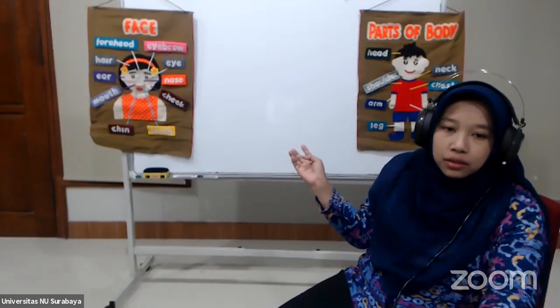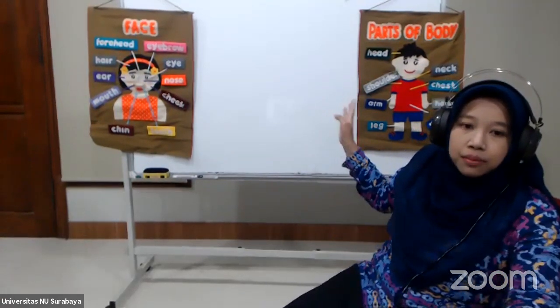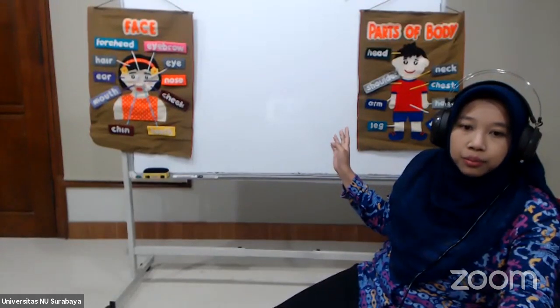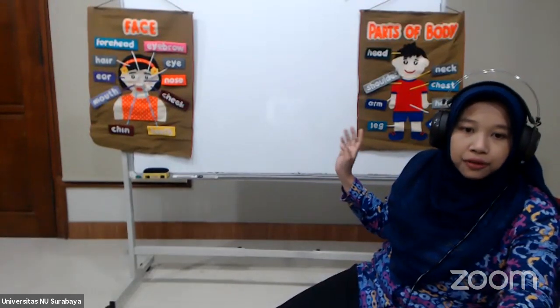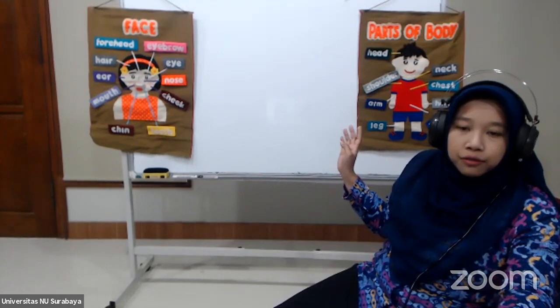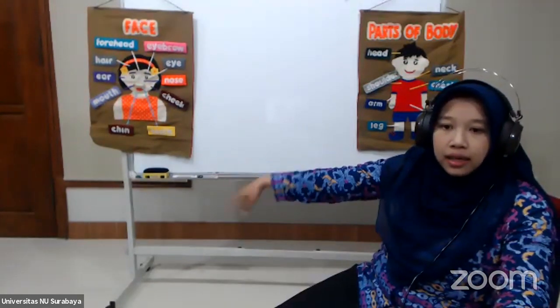The first is about learning English vocabulary for parts of the human body, and another one is about face. In the end of this presentation, I would like to have a simulation with my team, but after the presentation, because I want to tell you about my next material.